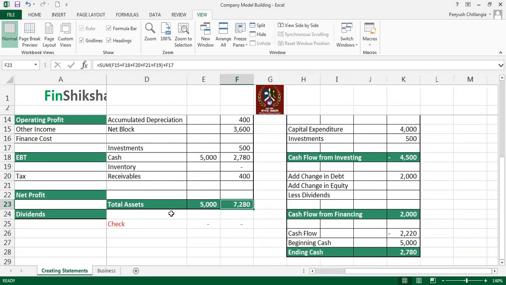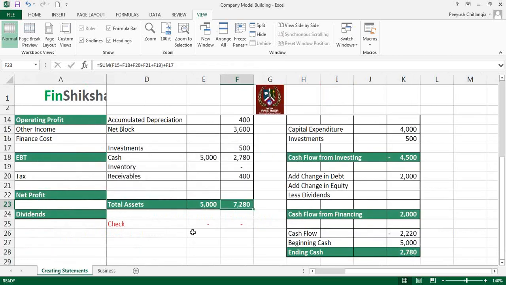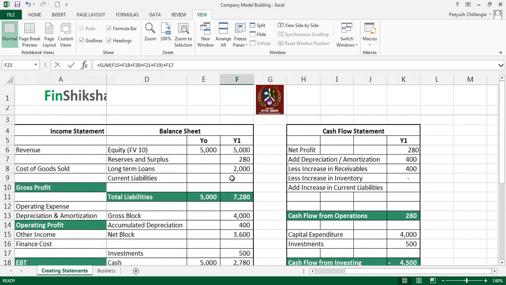Remember, there's no change in the values essentially of the total assets, because we just rewrite these items as we go along. The next one being the company delays the payment of 300 crore to one of its suppliers by 1 year. So what happens to that? You essentially put in what is called current liabilities.